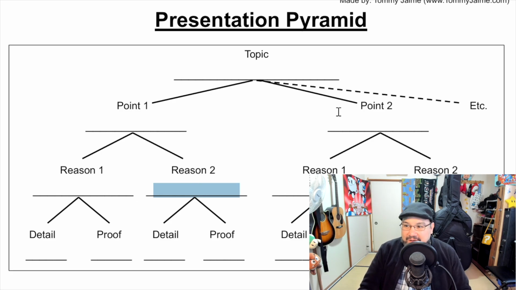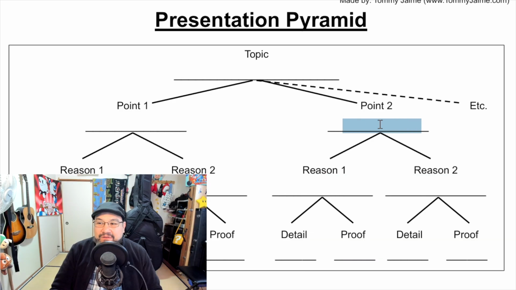Fantastic. Point 2, hamburgers are convenient. So these are good to eat, so about taste. Convenient. Okay? I will say hamburgers are cheap, inexpensive. And then I will say hamburgers are easy to find. All right? Those are my points.